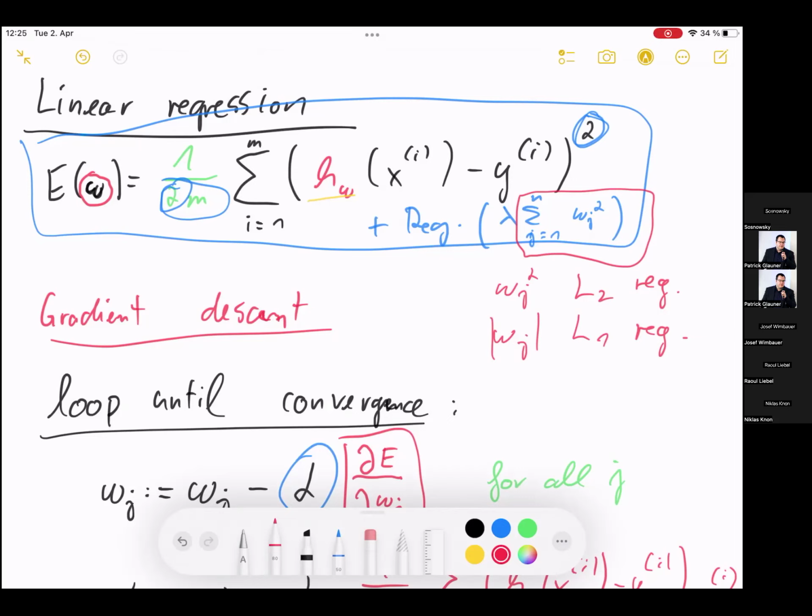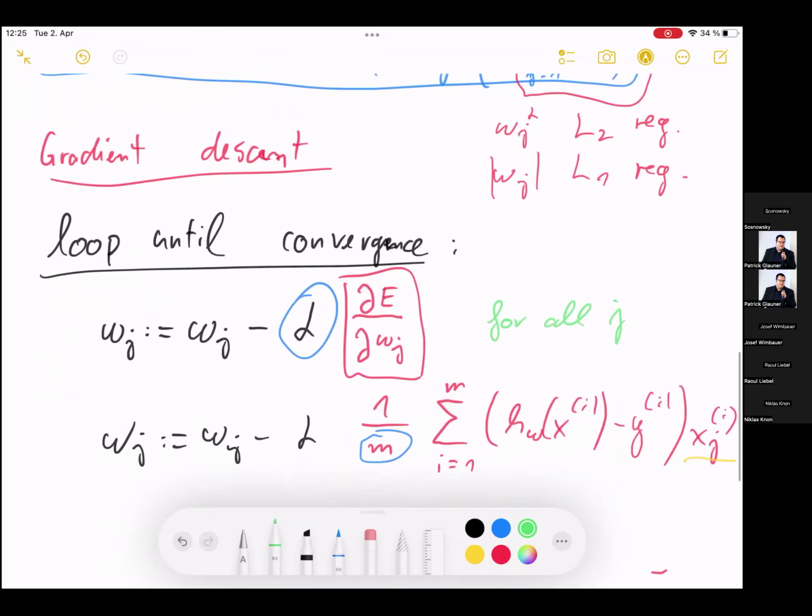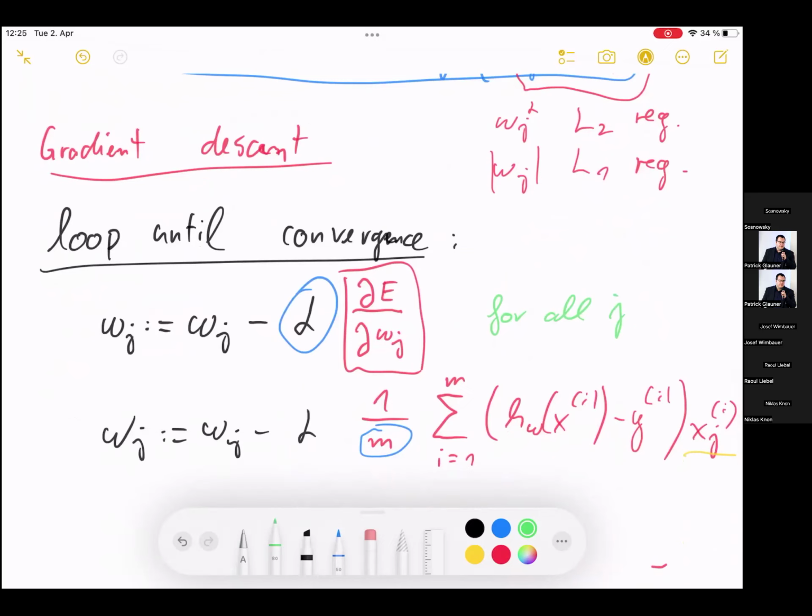There are many more regularizations possible. And just one more thing is this lambda. It's the regularization constant. It's a constant in a model like you have your learning rate alpha.